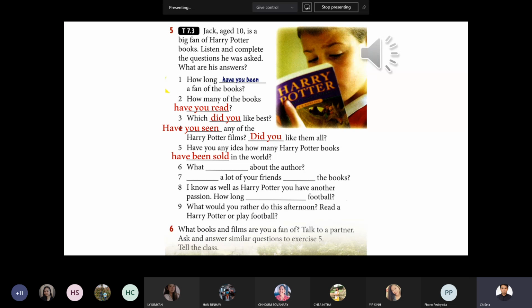Number 6: What do you know about the author? And number 7: Have a lot of your friends read the books? Number 8: I know as well as Harry Potter, you have another passion.